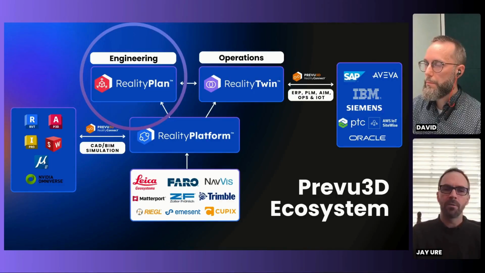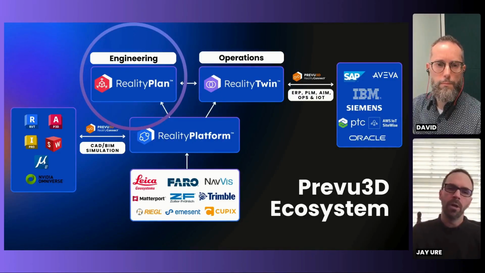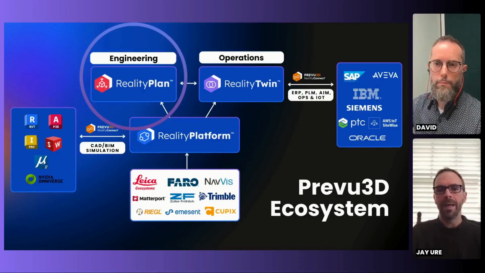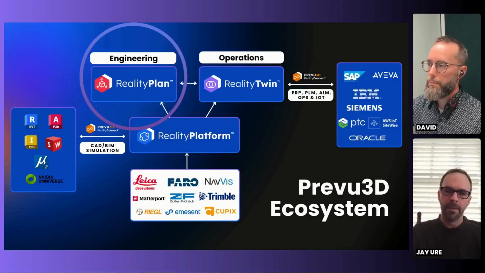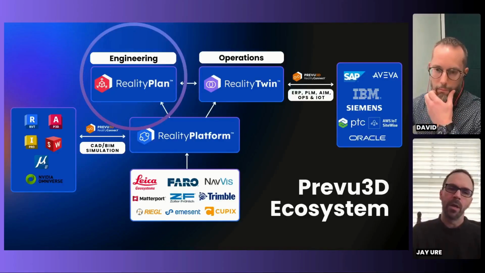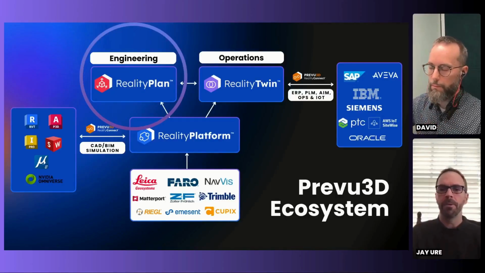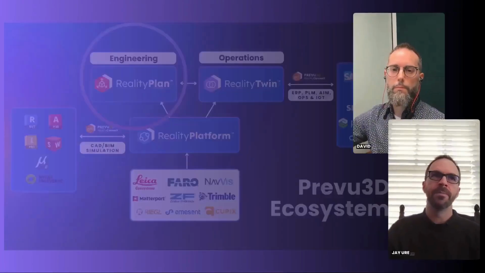But that is a direct reflection of data that's coming from RealityPlatform. So with Reality Capture, do all your scanning and collection, move that to RealityPlatform. From RealityPlatform, move to RealityPlan, and in there, you do your design layout. The shared layouts will go back into RealityPlatform for the collaboration component, and that will be the full workflow for today's session.